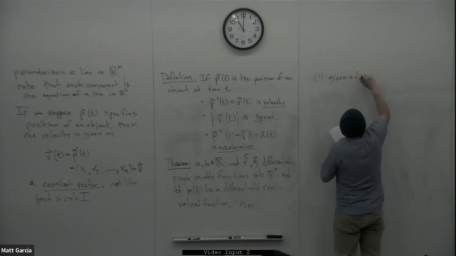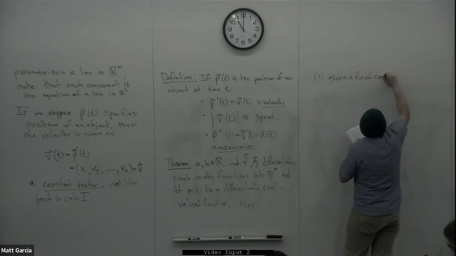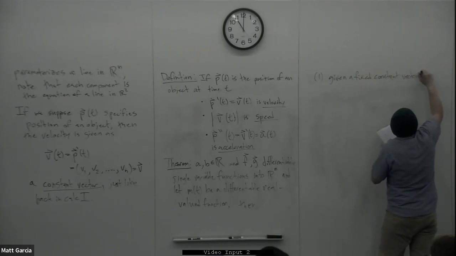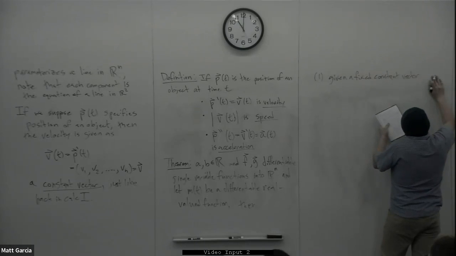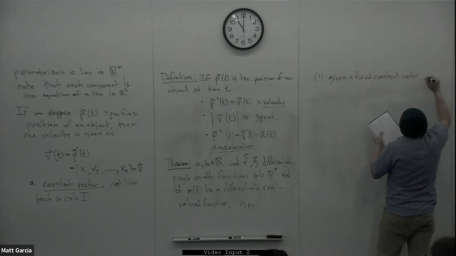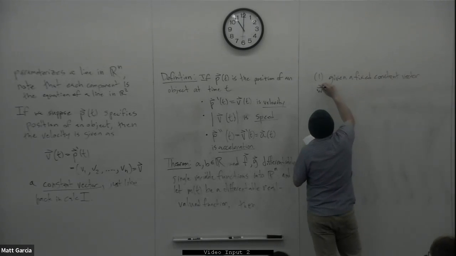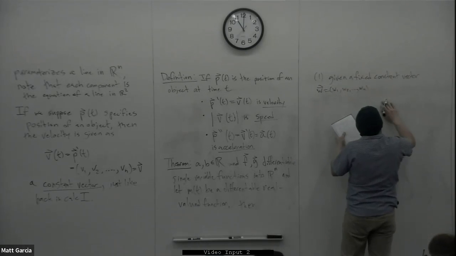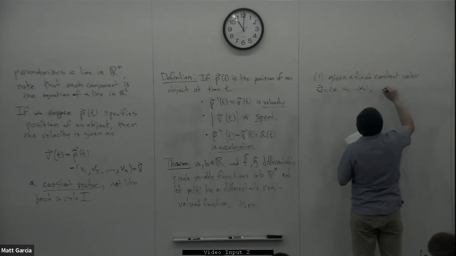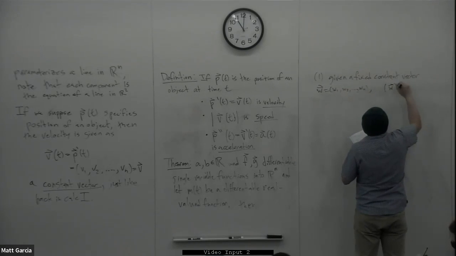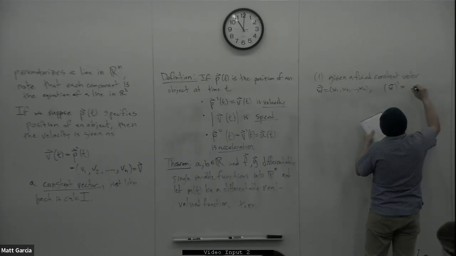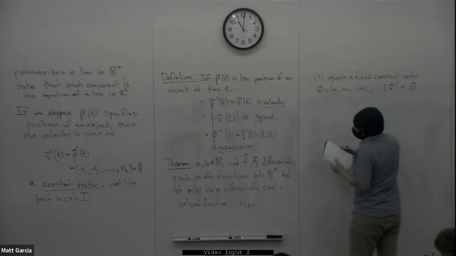Given a fixed constant vector w hat, with components w1, w2 through wn, the derivative of w hat is just the zero vector.